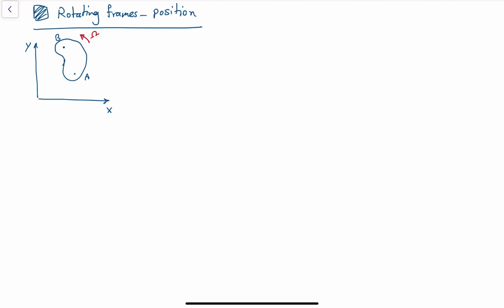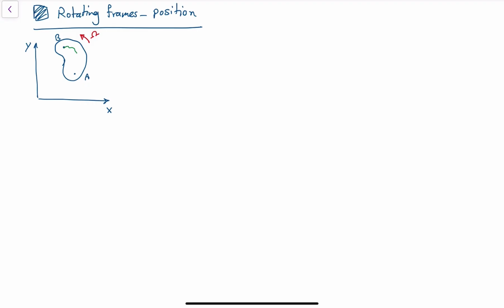And I have a point B on the body, but let's, for the sake of generality, assume that point B can move around the body wherever it wants to go. So completely arbitrary setup for A and B, but B in particular.